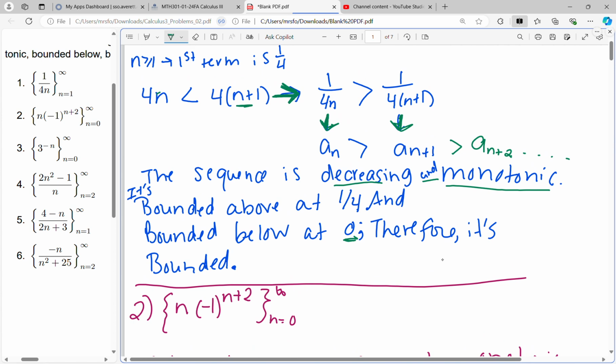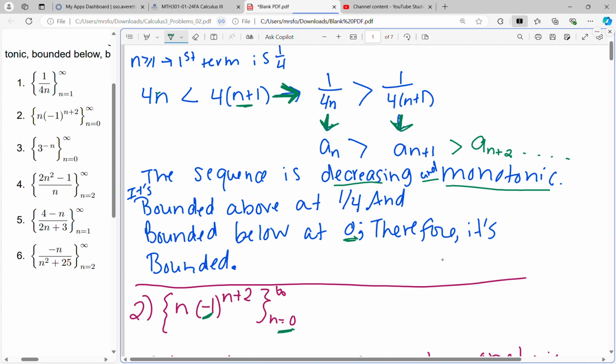And so when I want to talk about whether or not it's increasing or decreasing, you have to take this -1 into account, because that -1 is telling us what's happening with this sequence. -1 to an exponent that's going to keep changing, that -1 to -1 and +1, means that this is going to alternate.